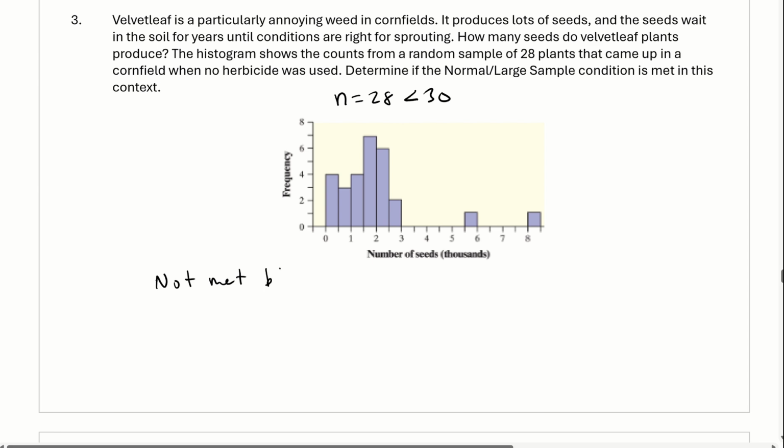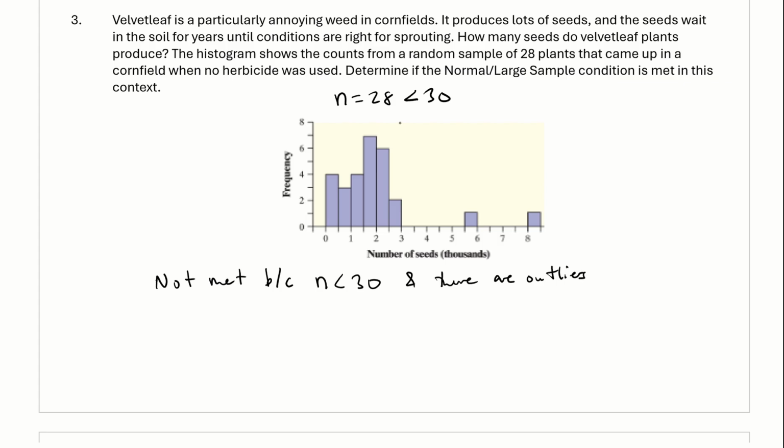Okay, because n is less than 30 and there are outliers in the data. So we cannot assume the population is approximately normal.